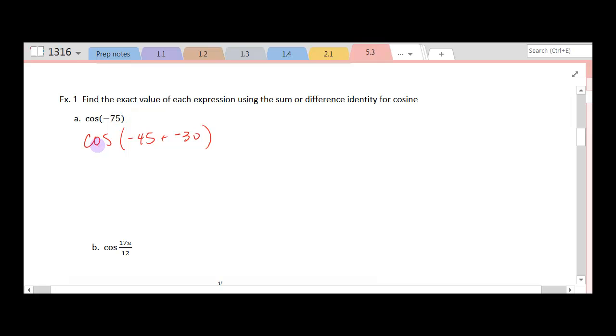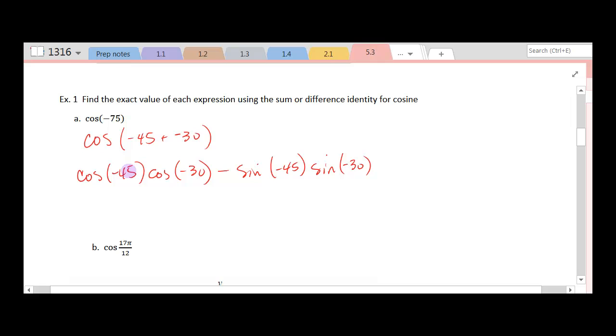This breaks up into the cosine of the first, the cosine of negative 45, times the cosine of the second, negative 30. We're doing the sum identity for cosine, so this sign here is a minus sign: minus the sine of the first, negative 45, times the sine of the second, negative 30.